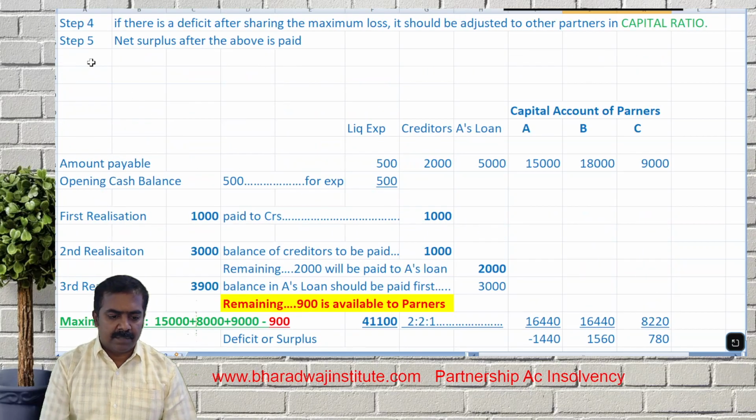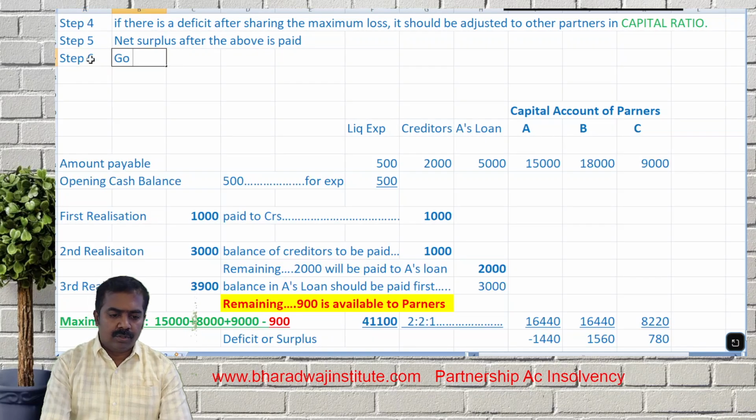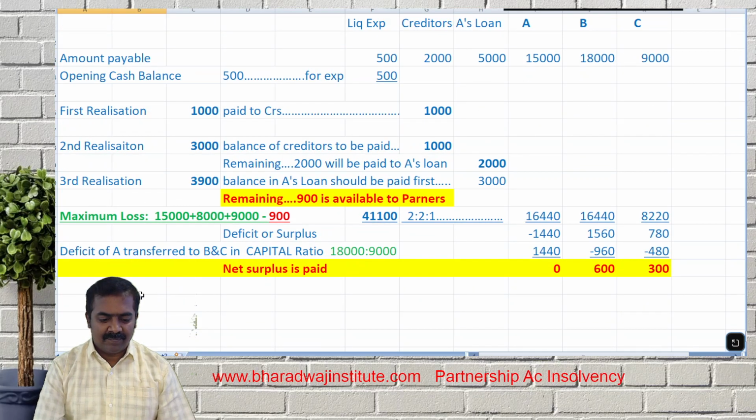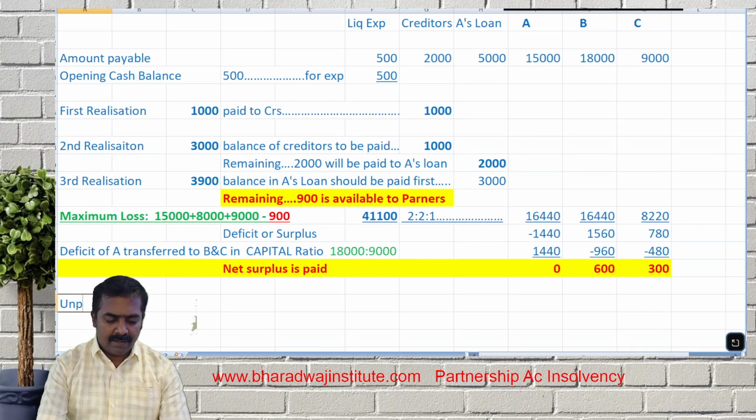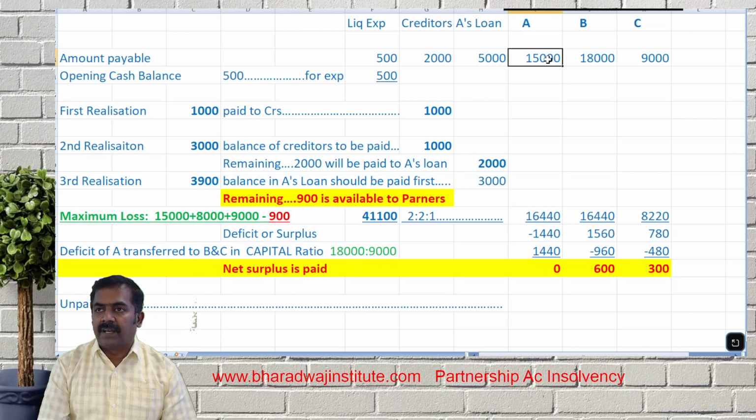Next, step 6. Go to step 1. What is step 1? Unpaid capital. How to work out unpaid capital is very simple. Look at A. What was the previous unpaid balance? 15,000. How much have we paid? 0.